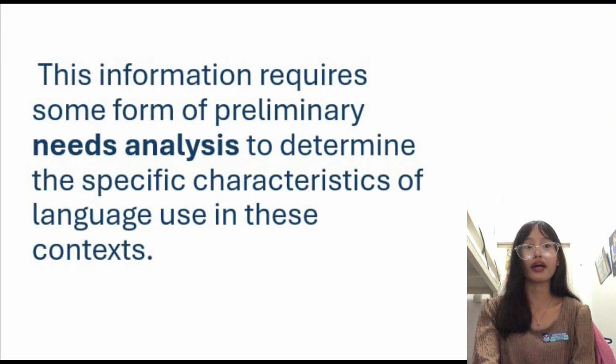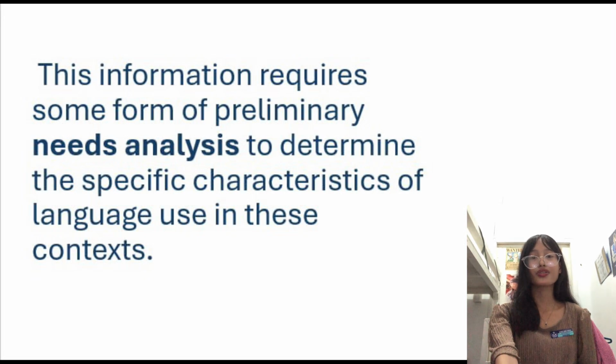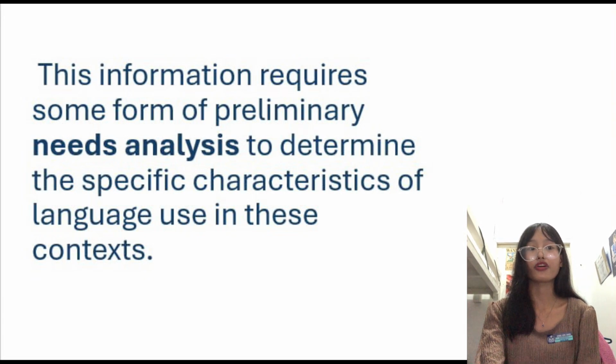So this involves collecting and analyzing language samples from the target situation, like lab reports or conversation, to determine the necessary grammatical elements like verb tenses, connectors, sentence structures, and grammatical elements appropriate to organization.